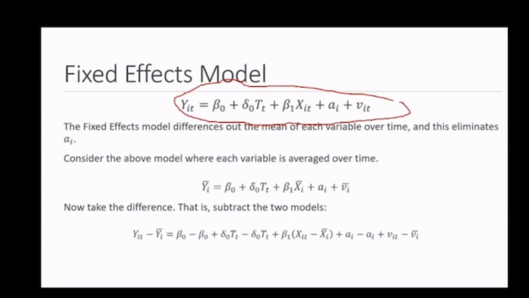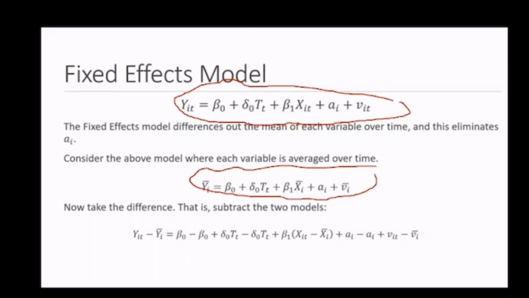Okay, the fixed effect is going to take the average, just like between, but take a look at this. Do you see y bar, x bar, v bar? That is the average. And you know what the fixed effect is going to do? It's going to subtract, which means it's more or less doing deviations.